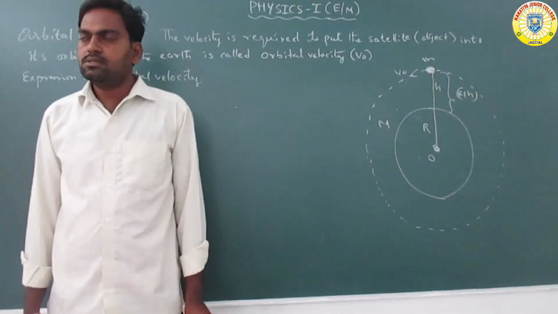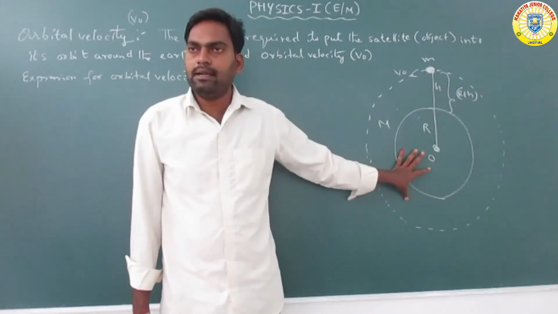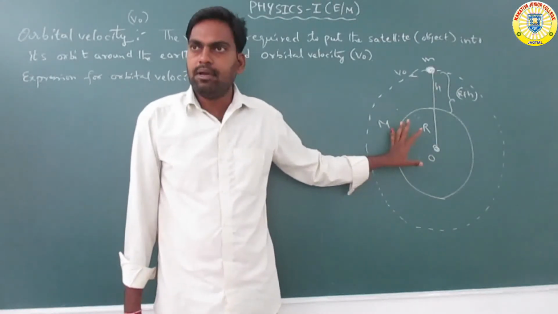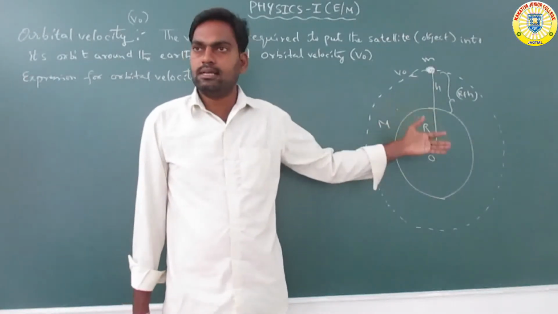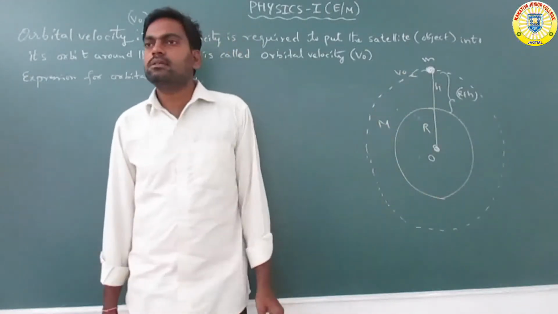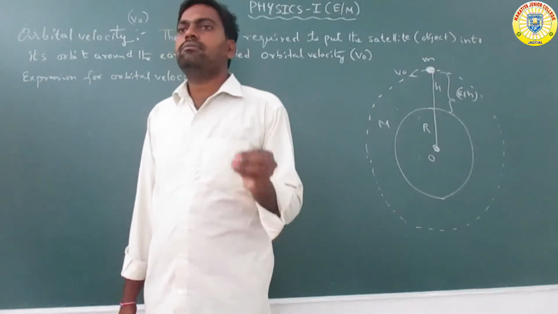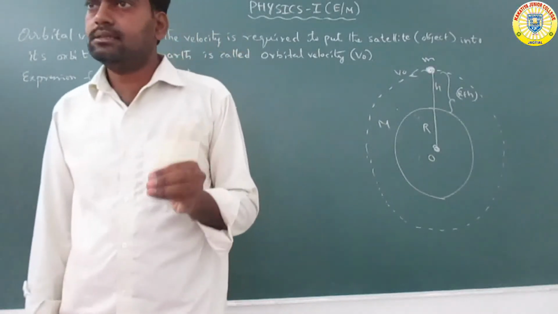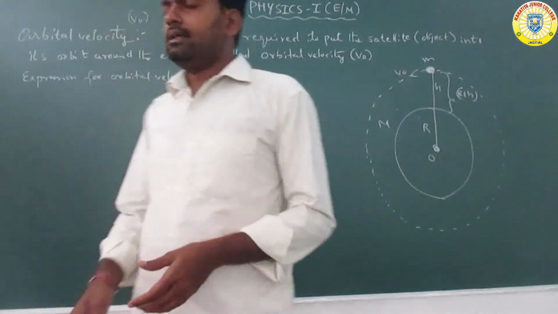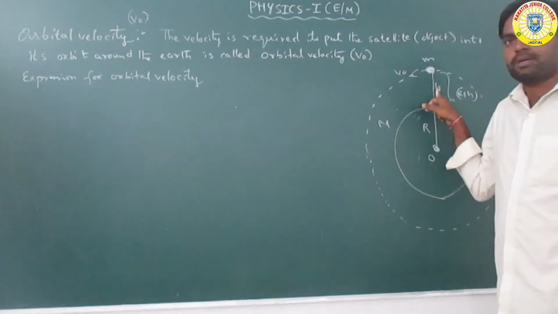So we consider the planet or earth of mass M and radius R, with center O. Here consider the satellite, taken at height h from the surface of the earth, that is, some kilometers.